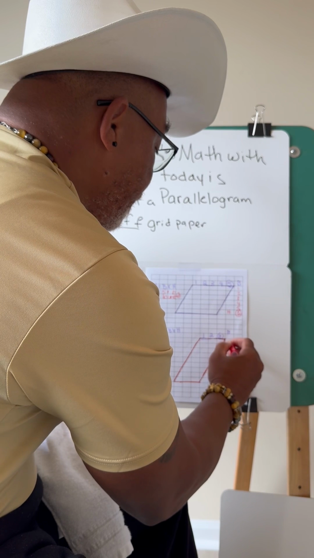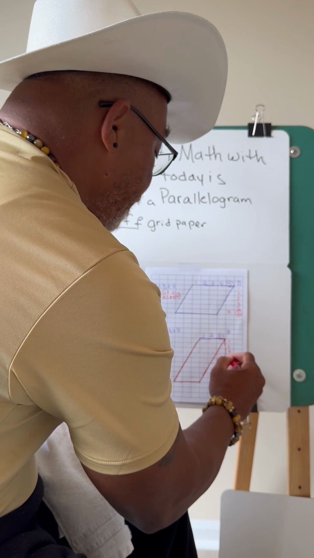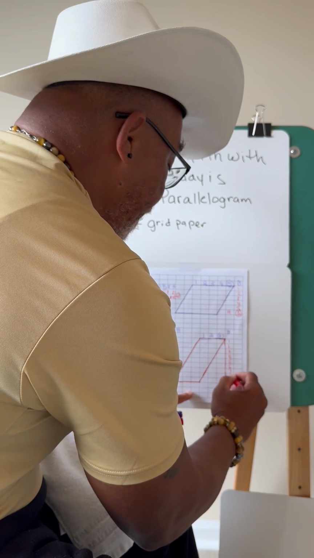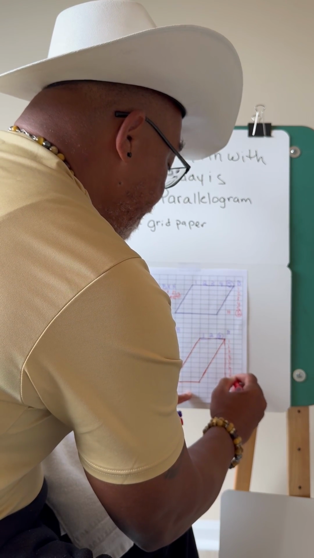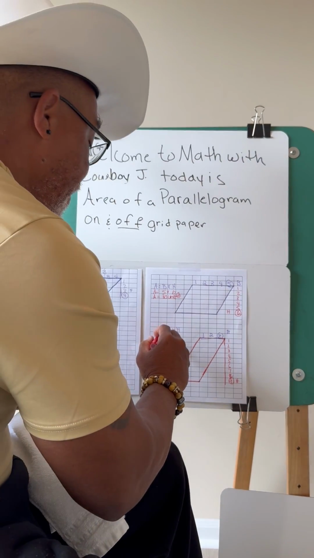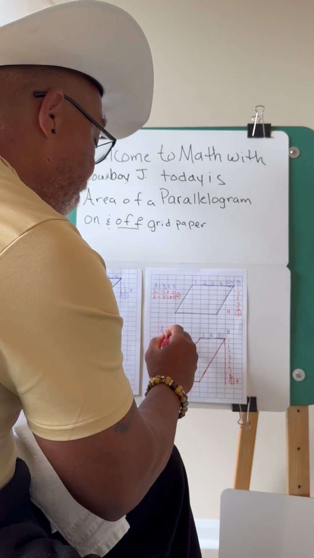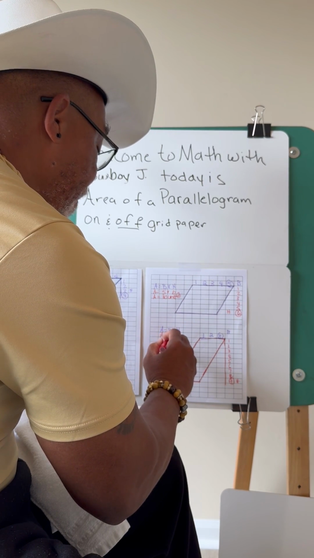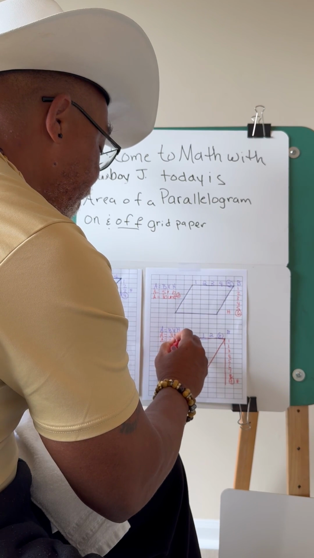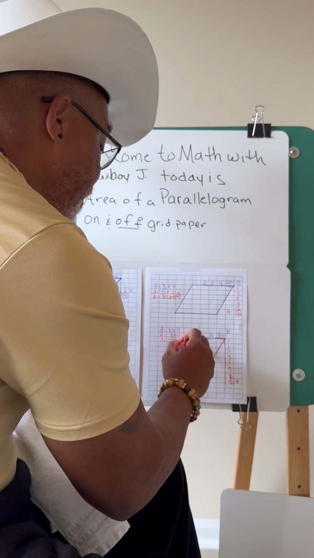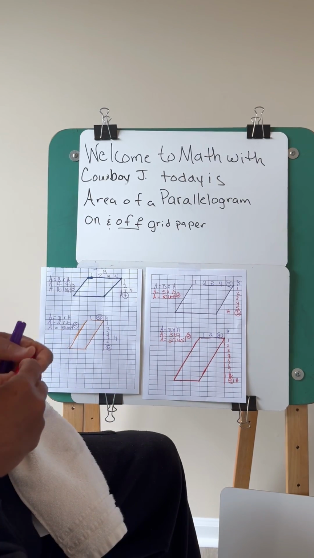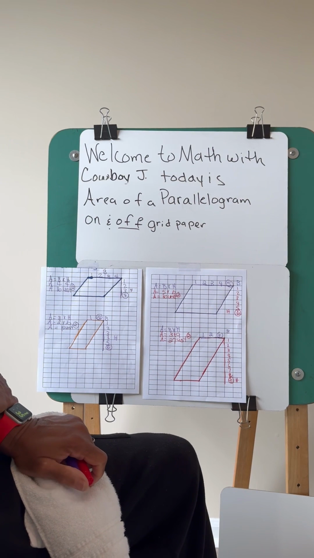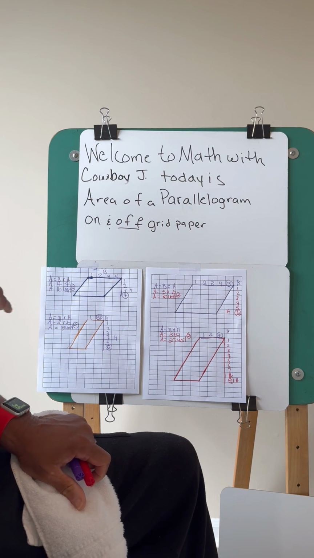So 1, 2, 3, 4, 5, 6, 7, 8, 9. So that's going to be our height. So area here equals base of 3 times the height of 9. Our area here is going to be 27 units squared. So this is how you find the area of a parallelogram on grid.